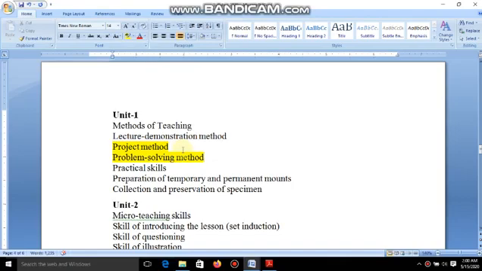Because in a project, whenever we do a project, every time we consider that we start with the problem, by identifying a problem.